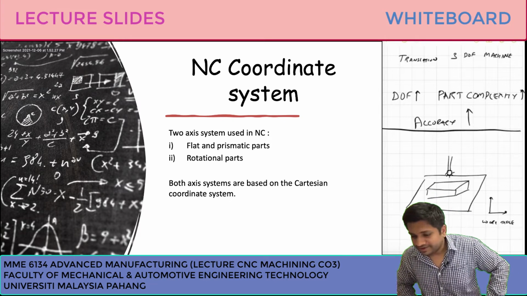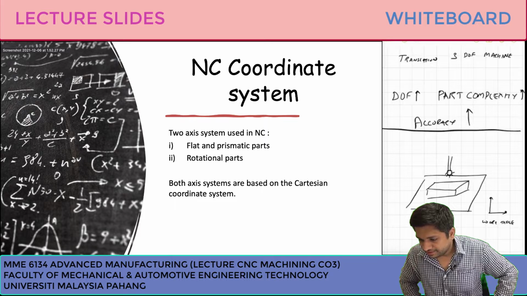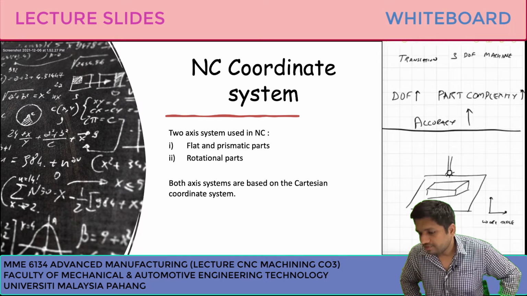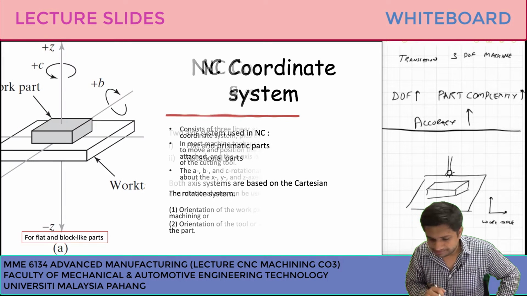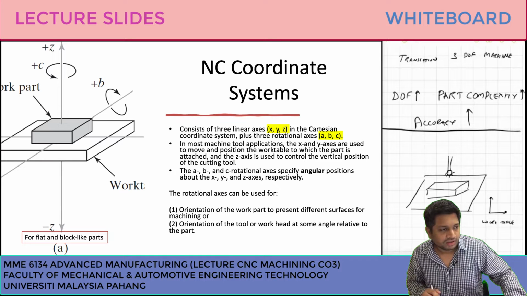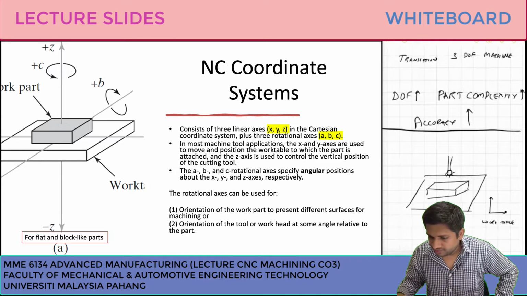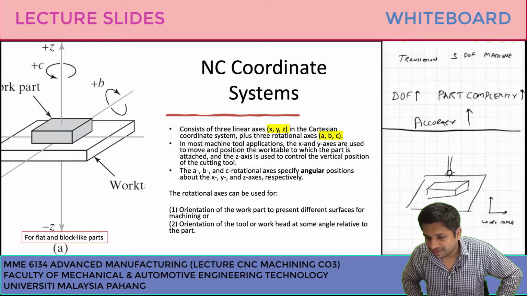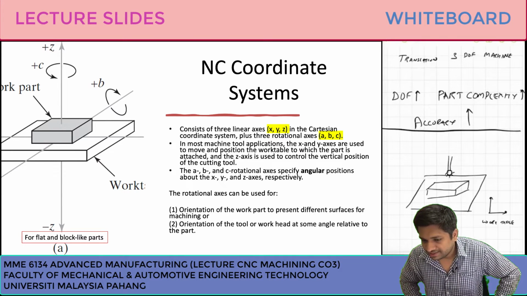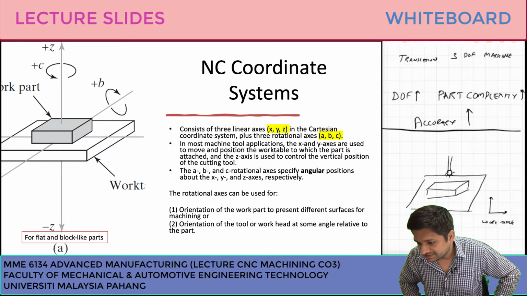This is one kind of system which is used for flat or prismatic parts, as shown in point number 1. If I move forward, you will see that we have a table. That table can move in X, Y and Z directions.